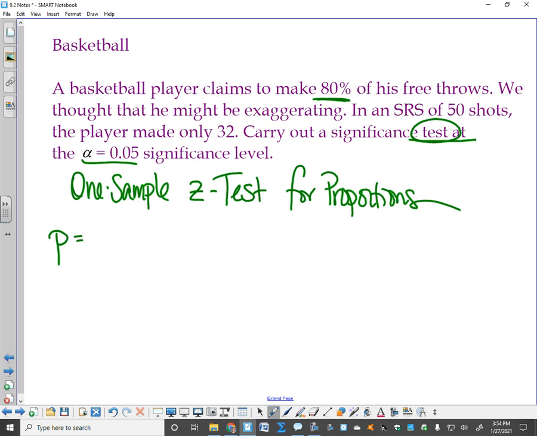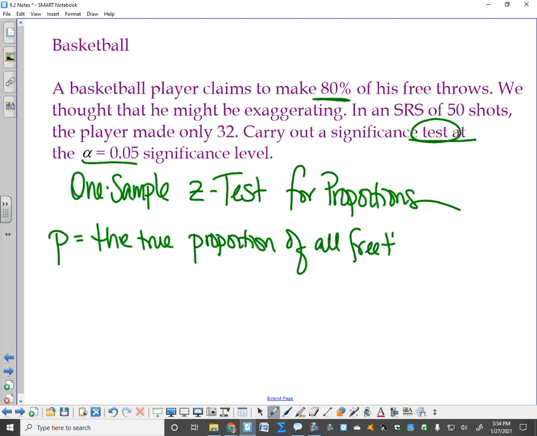We are making free throws, so it is the true proportion of all free throws. Okay, now if I stop right there, that's not a proportion. The true proportion of all free throws, that's like saying the proportion of all cars. If it's a proportion, it's got to be the true proportion of all free throws that he makes.